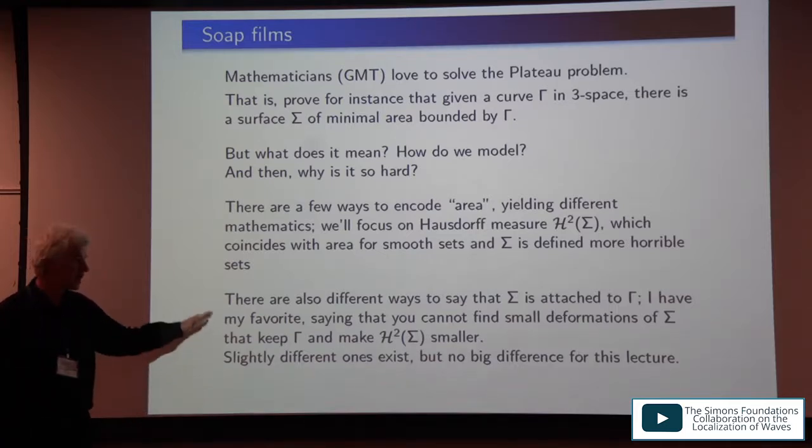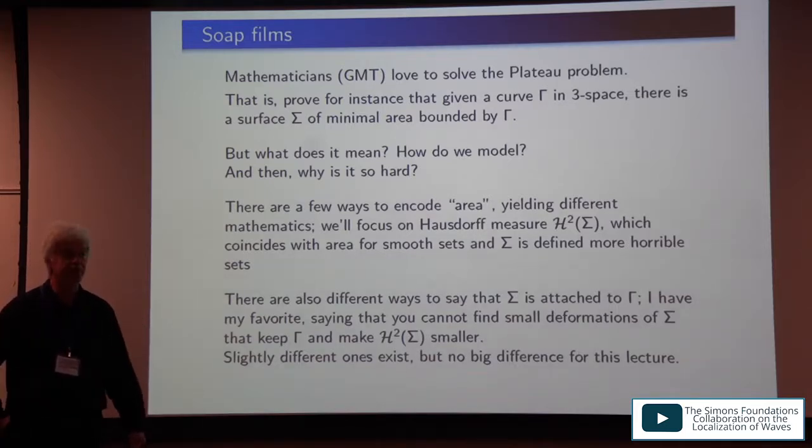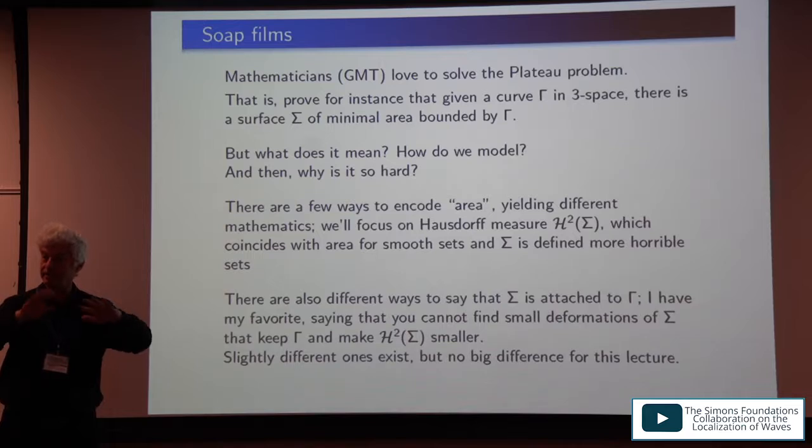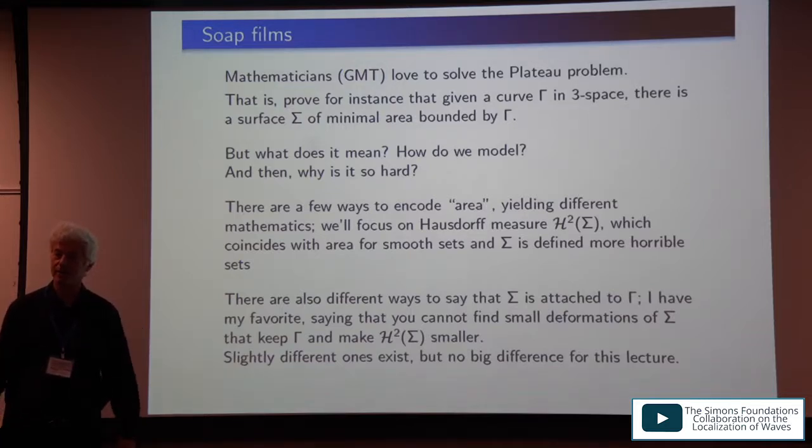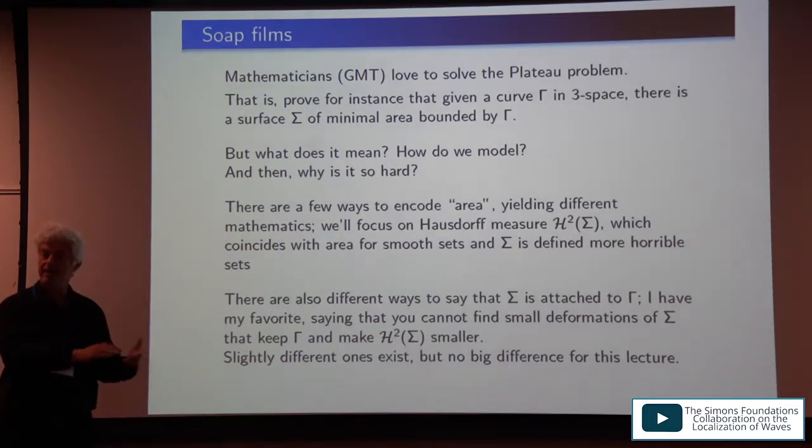Okay? And the way I like to think about attached to the set is that if I try to move the set any way I like, in a continuous way, the points that are on the boundary have to stay on the boundary. Okay, I'm not allowed to pull it off the boundary. Then this is one of the possible moves, and then I would minimize surface measure on all the possible moves.